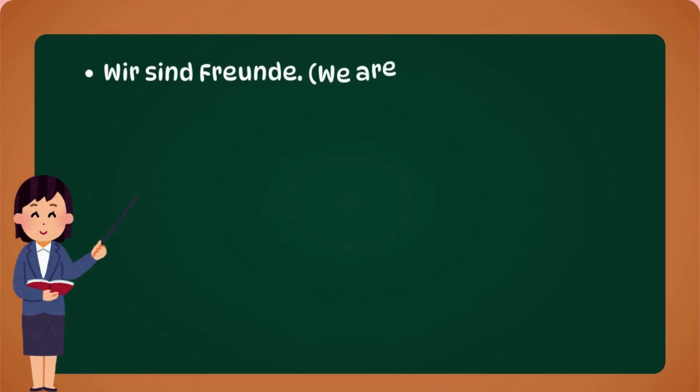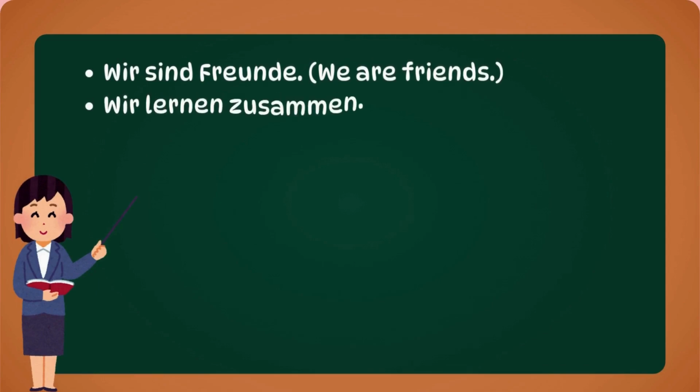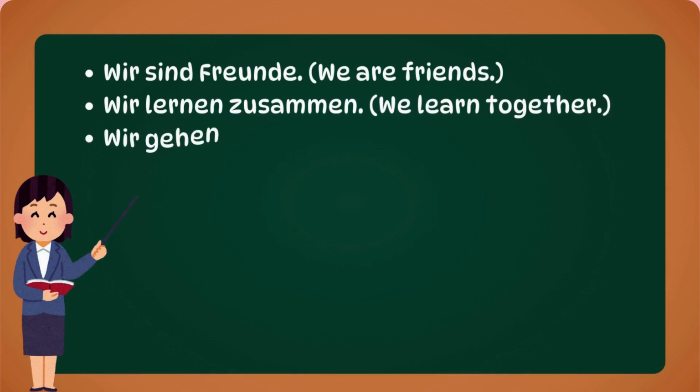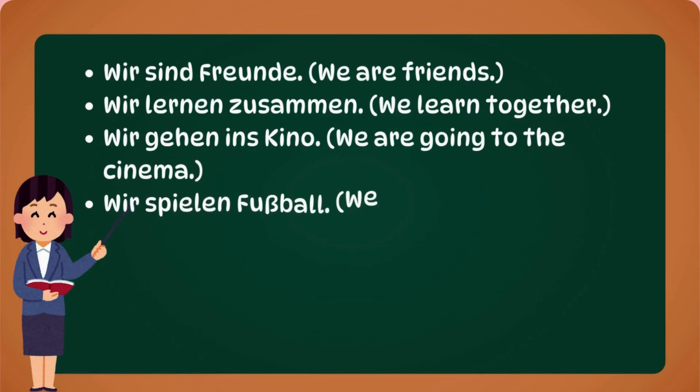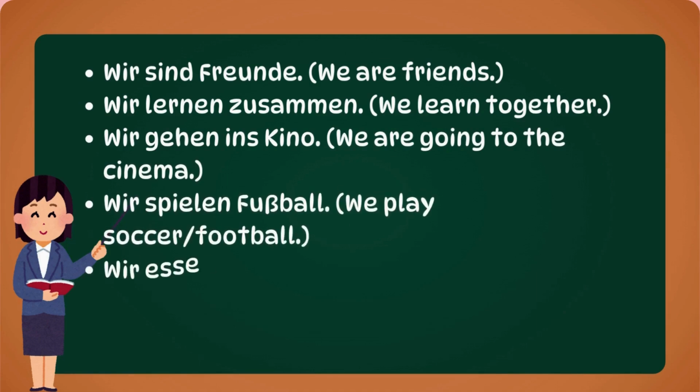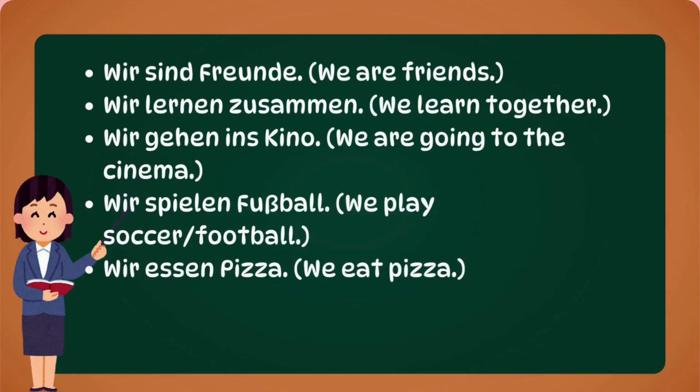Now let's jump to the next pronoun, which is wir. The first example is wir sind Freunde, which means we are friends. Example number 2 is wir lernen zusammen, which means we learn together. Example number 3.